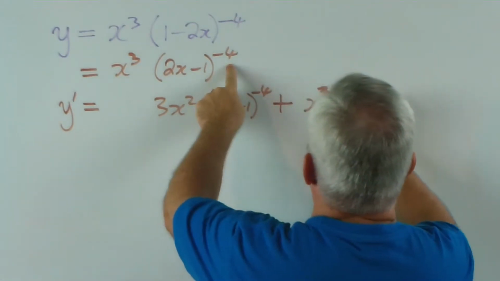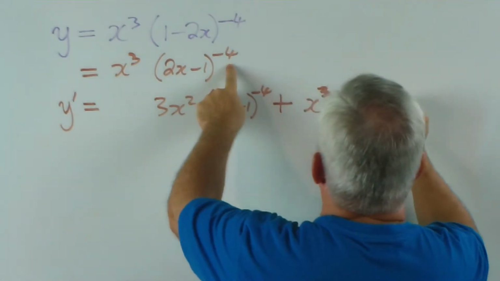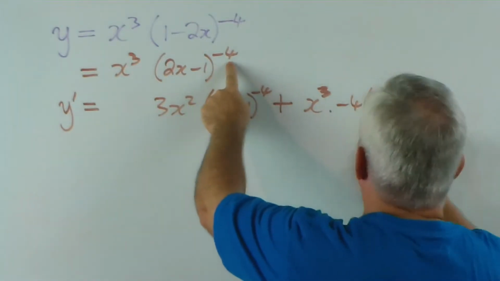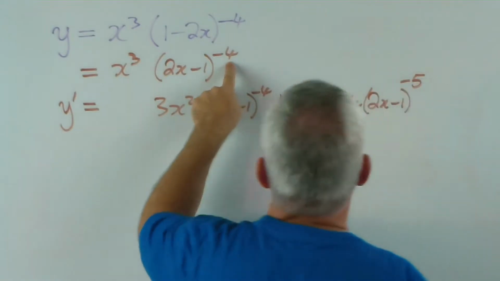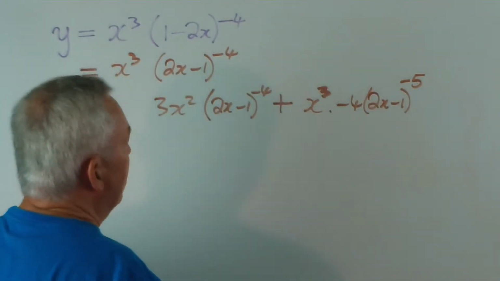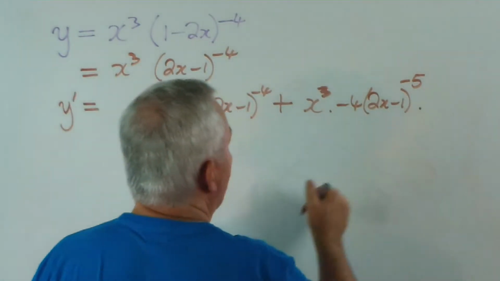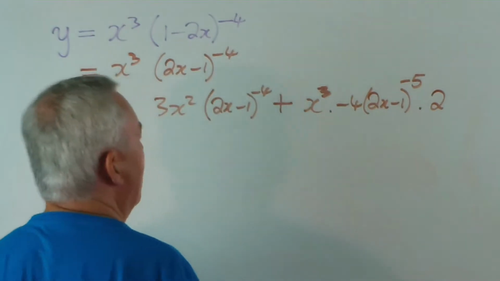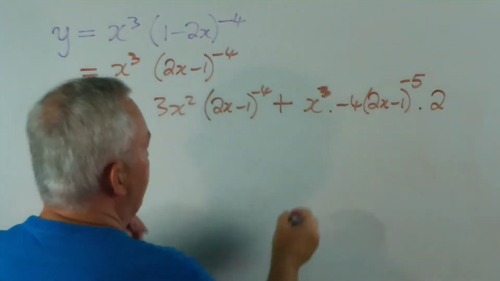It's negative 4, 2x minus 1 to the power, reduce this by 1, negative 5. Remember that negative numbers keep going down. And then we must multiply by the derivative of what's inside, which is 2. I know I did that rather rapidly. Let's rehearse this.